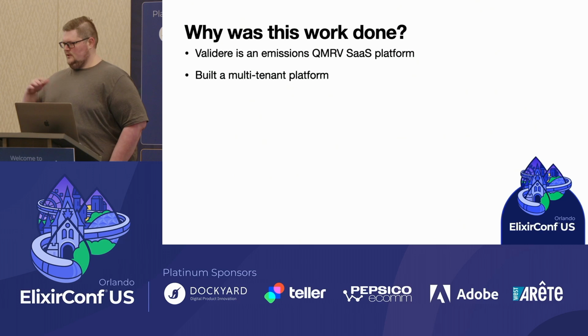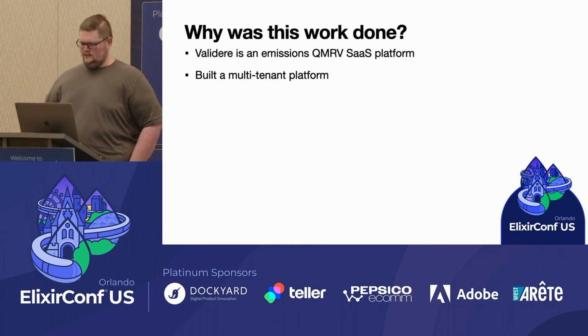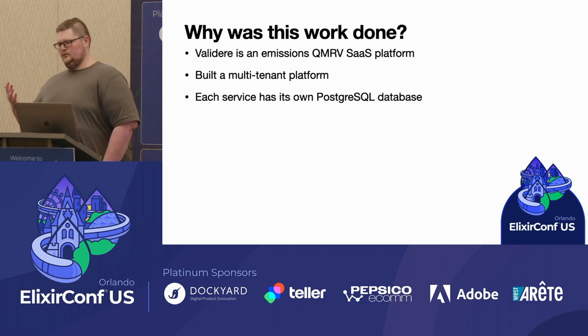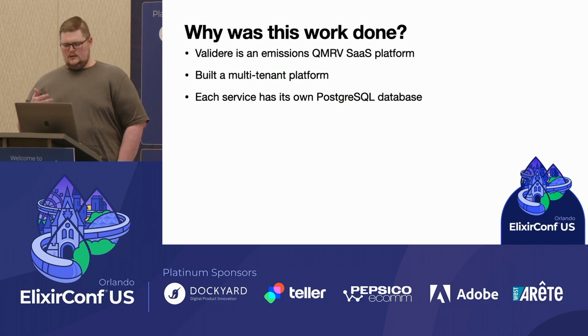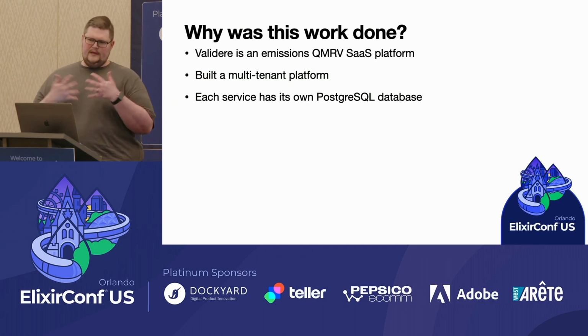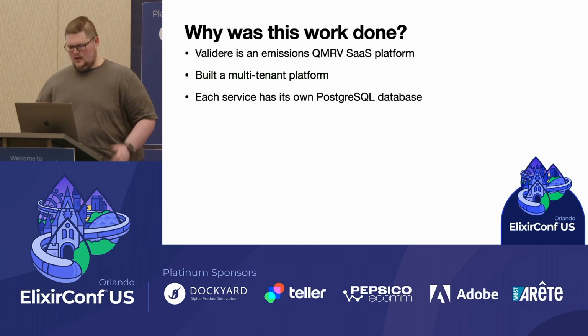So we have customer ID all over the place, just like you would expect, having worked on SaaS platforms before. We also have multiple services that we're working with and building out. Each of these has their own Postgres database, and we keep that in isolation just because we don't want to clobber each service's data.